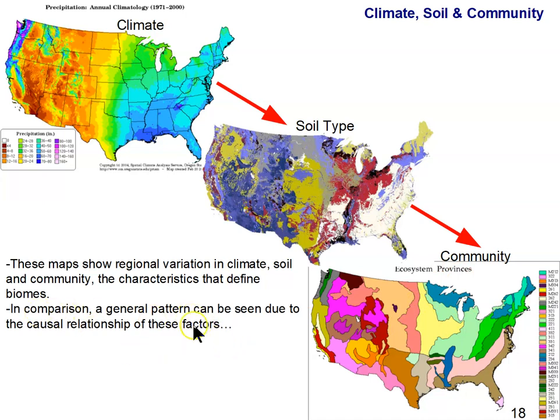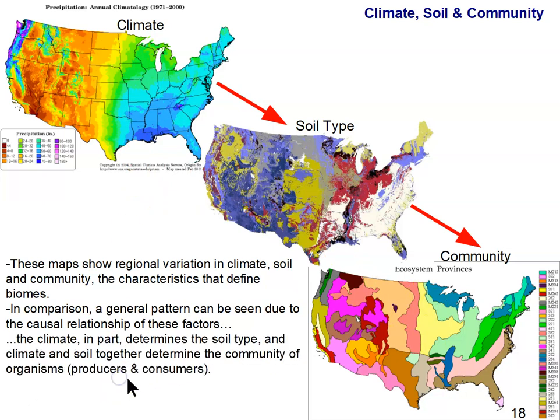So when you compare them, if you look closely, and you have to use a bit of imagination, you can generally see that there is some similarity between these regions and how these regions are defined based on climate, soil, and community. That's because the climate in part determines the soil type, and the climate and soil together affect the community of organisms that live in any region.